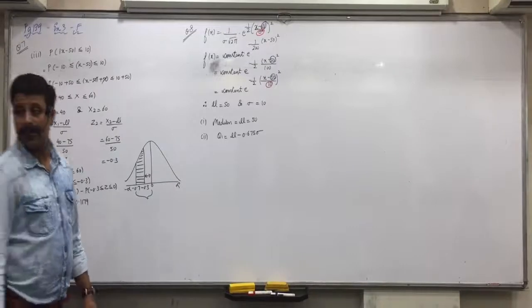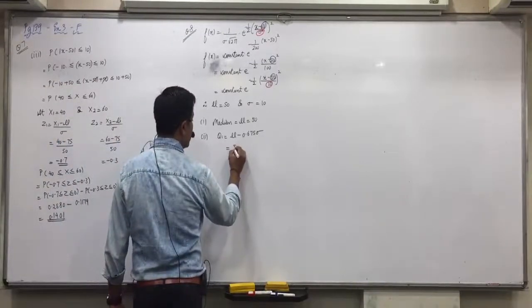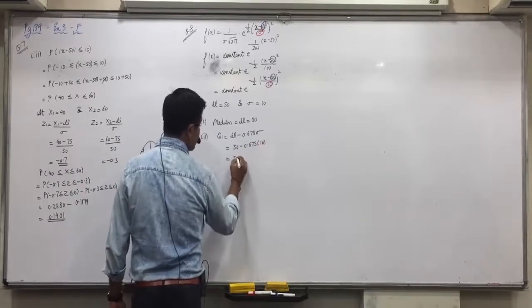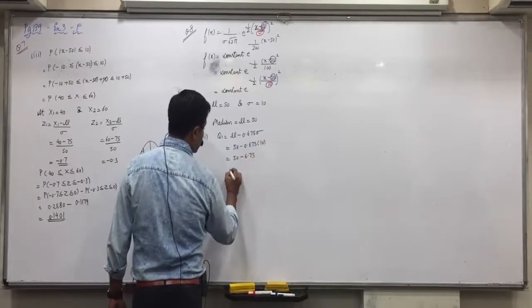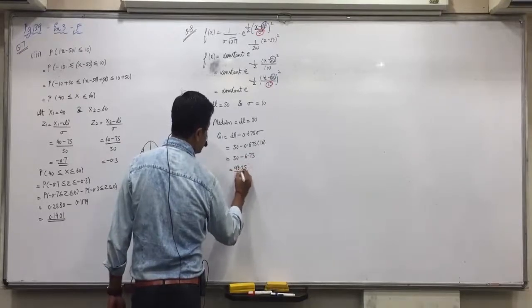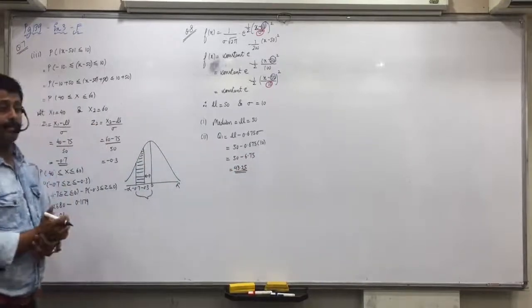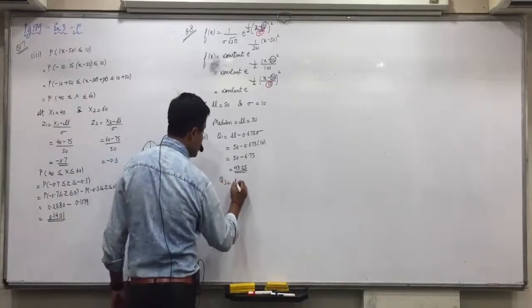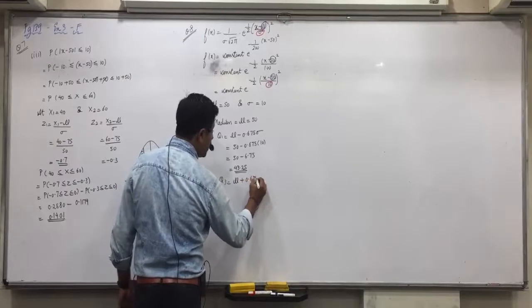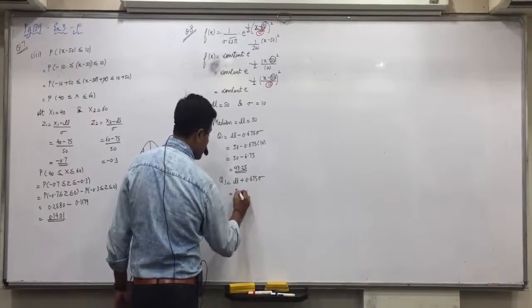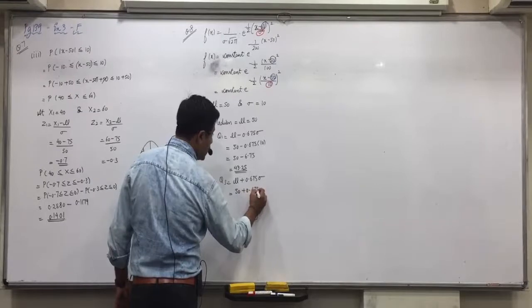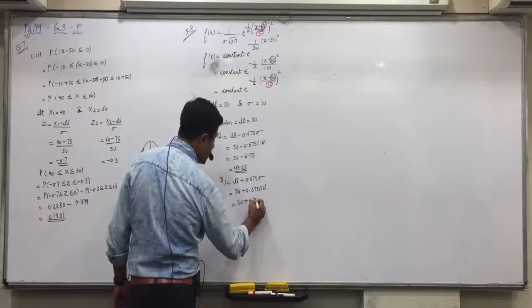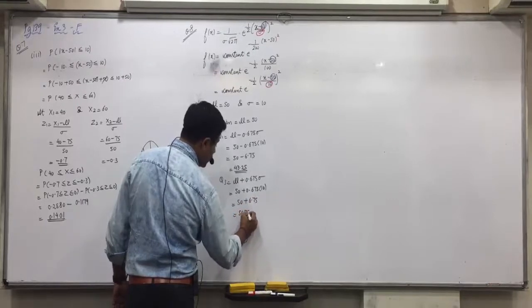So 50 minus 0.675 into 10, 50 minus 6.75, 43.25. And in the same way, Q3, mu plus 0.675 sigma, 50 plus 0.675 into 10, 50 plus 6.75, 56.75.